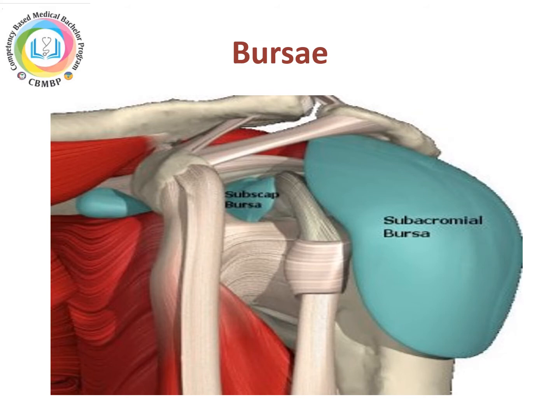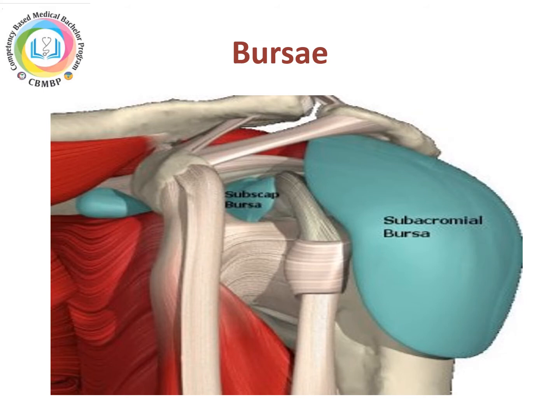The most important bursae in the shoulder are the subscapularis bursa between the tendon of subscapularis and the coracoid process, and the subacromial bursa. Sometimes we call it the subacromial subdeltoid bursa because it lies under the deltoid muscle.